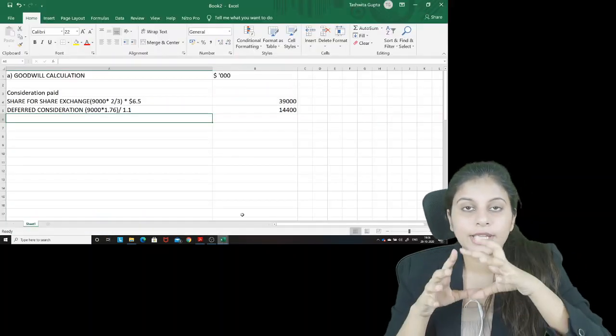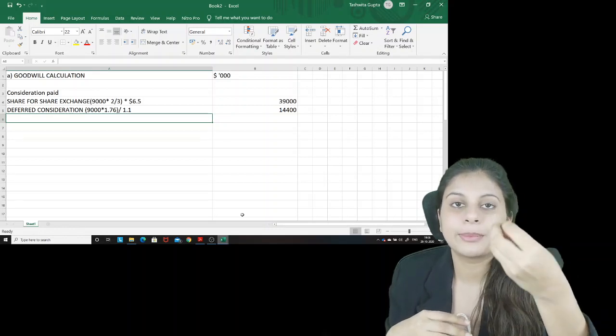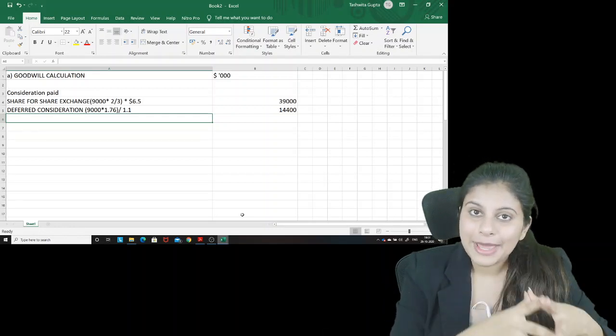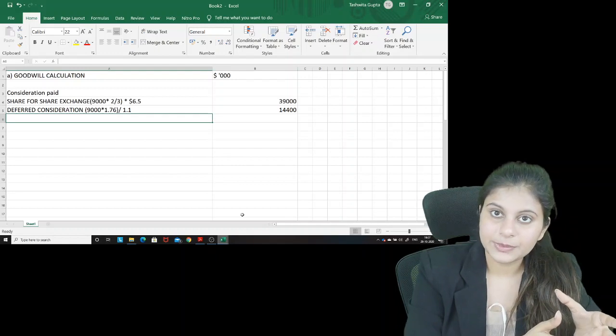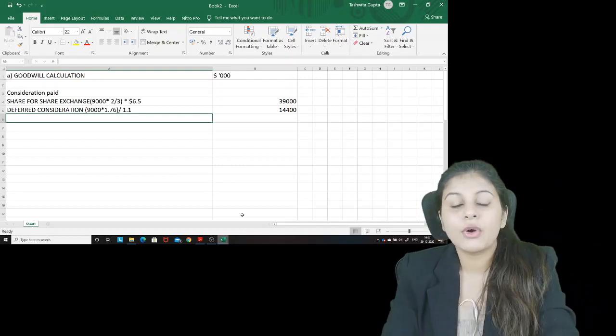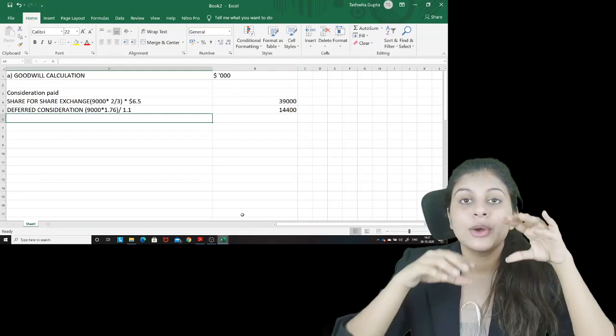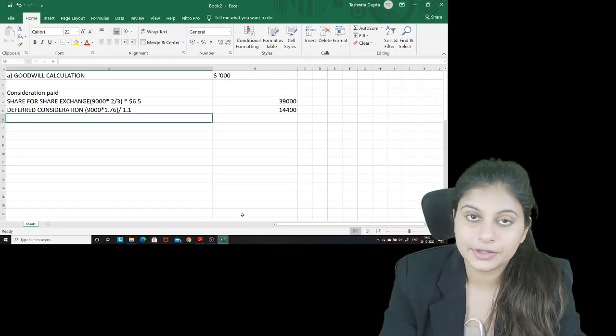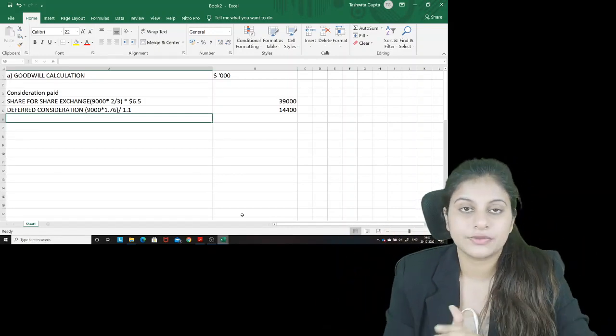We say whatever was transferred to the subsidiary by the parent for 90% of the subsidiary, by the NCI for 10% of the subsidiary, versus what the subsidiary deserved. That is the fair value of net assets of the subsidiary.